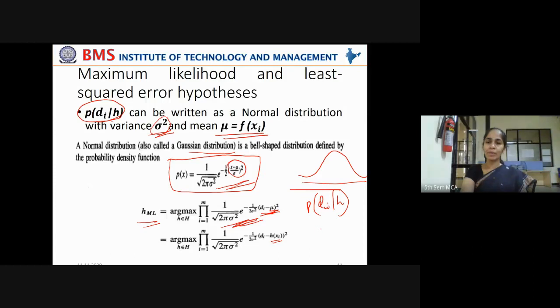Say if there are n probabilities, then you have the mean of the probabilities as 1 by n, because all the probabilities in the hypothesis space share probability 1. We have the mean probability as 1 by n. Now that 1 by n is nothing but h of xi, where x1, x2, x3, x4 all share equal probability. That is why instead of mu, that is the mean of the probabilities, you are just indicating it as h of xi. Okay, mu is substituted by h of xi.